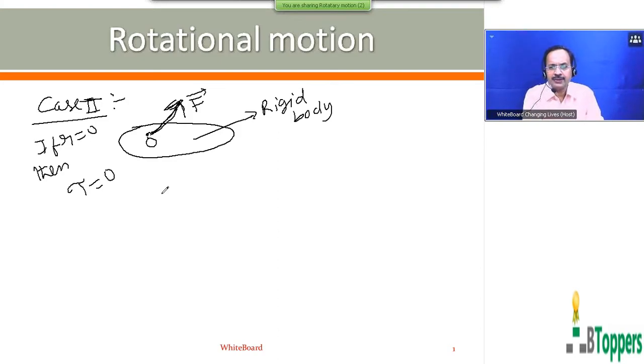That means if the force F bar acts at the point O about which the moment of the force is calculated, that means in general, if a force acts at the point O or at the origin of the coordinate system about which the moment of the force is calculated, then the magnitude of the torque or moment of the force will be 0.